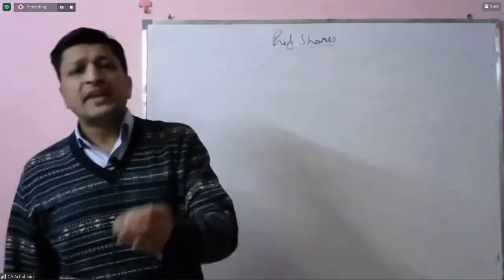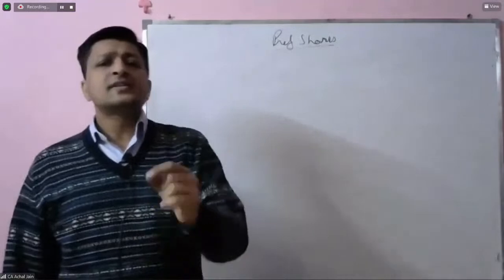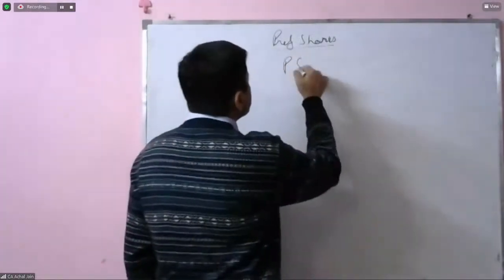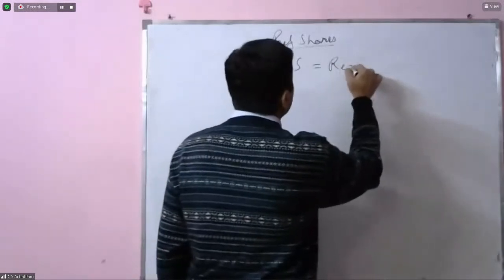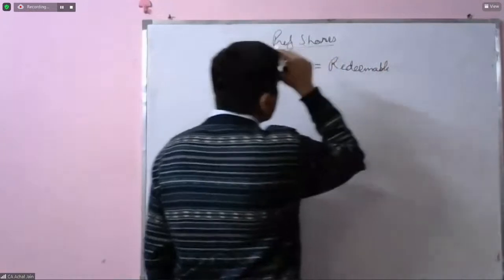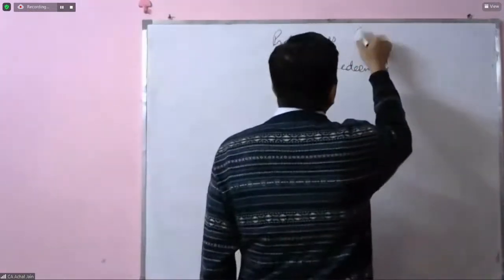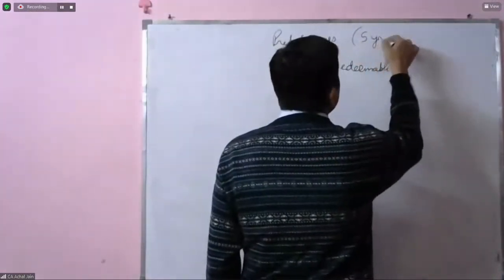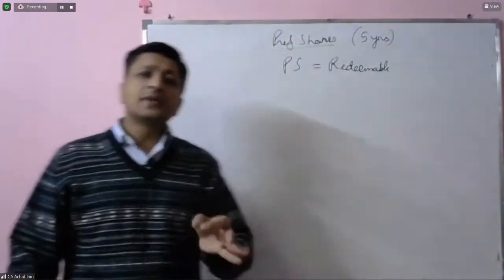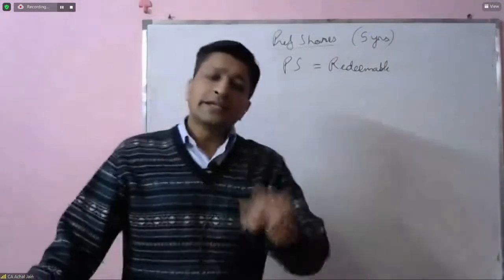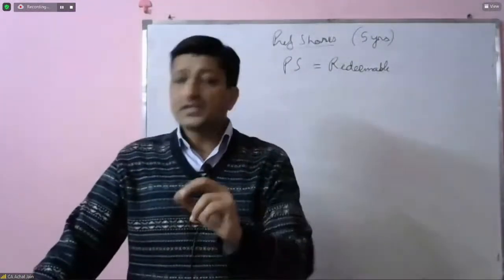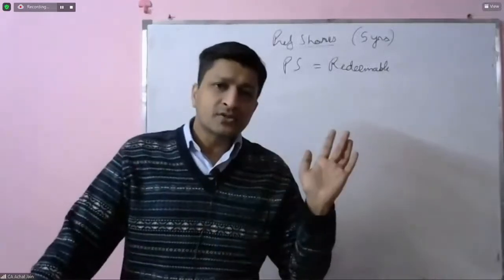Let me begin with some very simple instruments. Say the preference shares are redeemable, and every time we talk about this instrument, its period will be 5 years. That means after 5 years the instrument will get redeemed or will be required to be converted; the term of the instrument is 5 years.